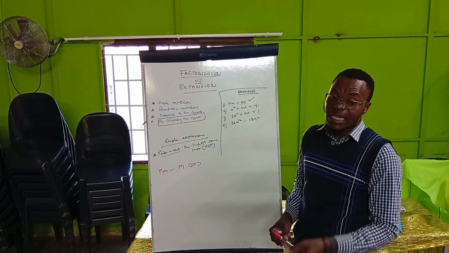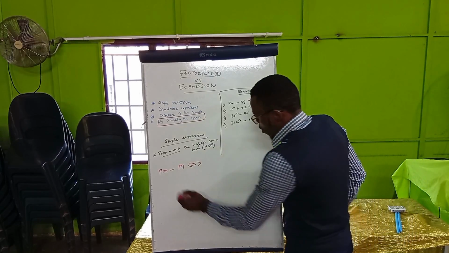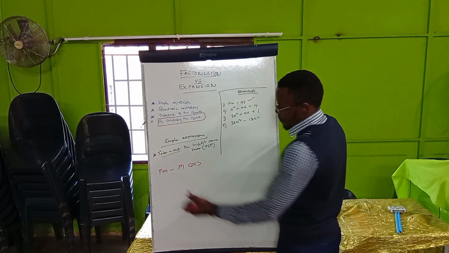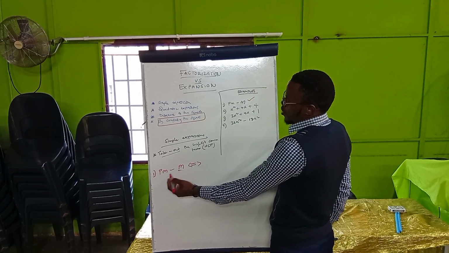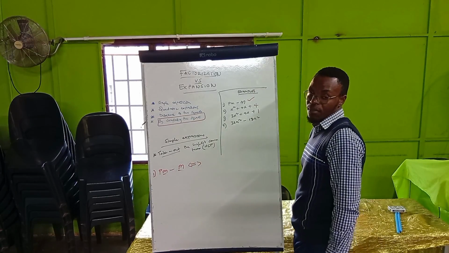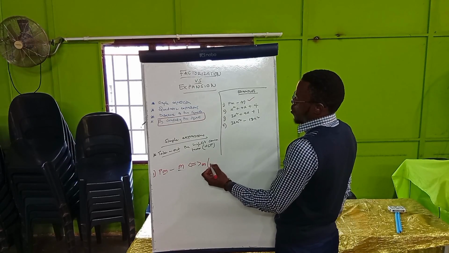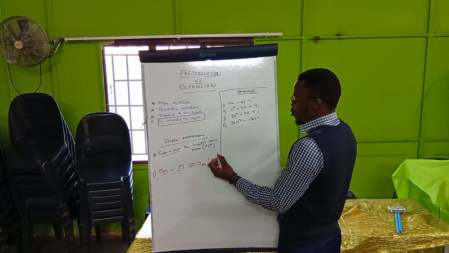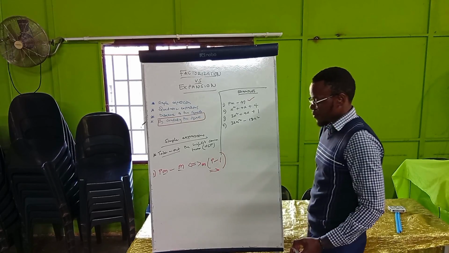So when we are saying take out the highest common factor, you will notice that we have a common factor here, which is M. This is our first term. And we also have this common factor on the second term. So that means we will take out M and we'll be left with P minus 1. So this is how you factorize this.